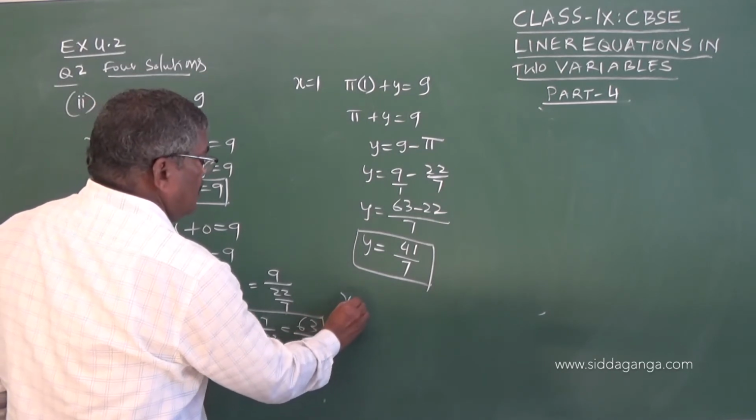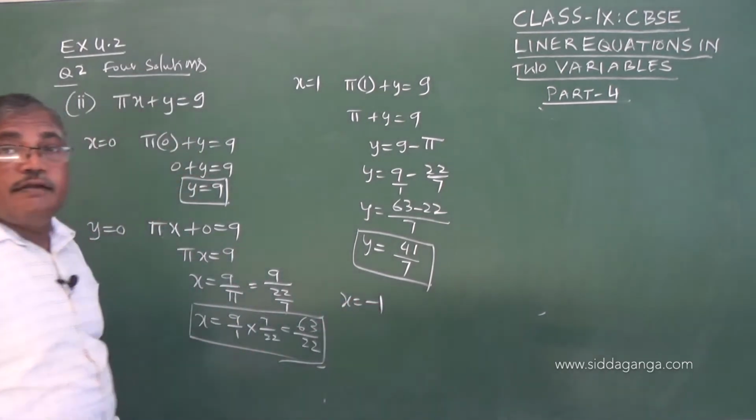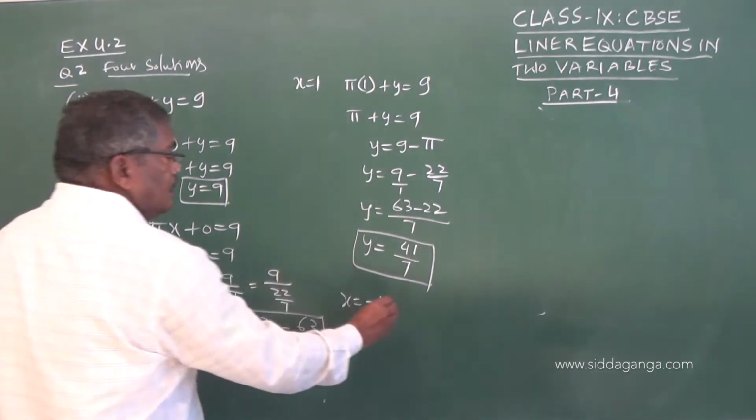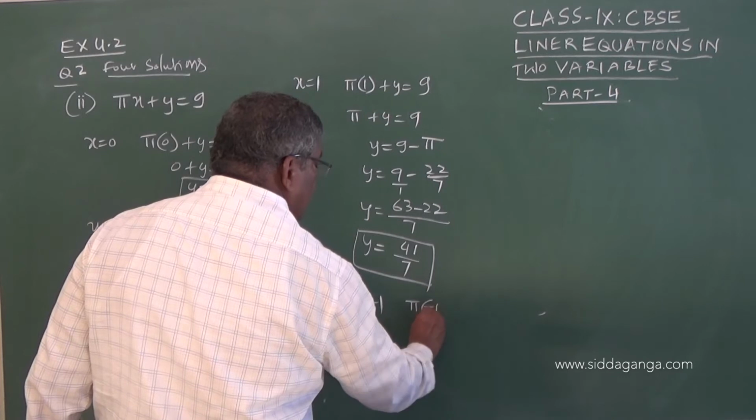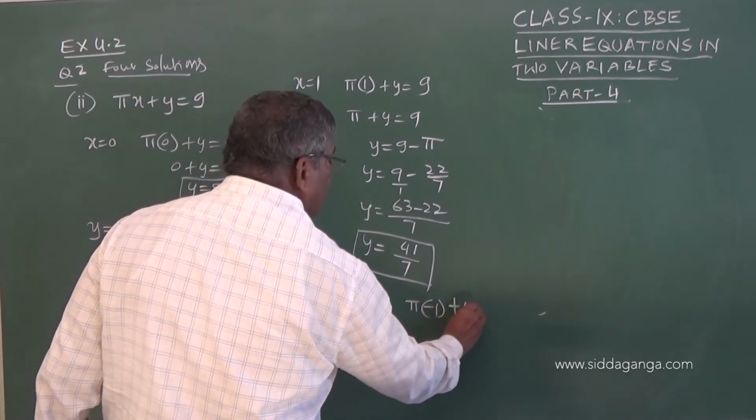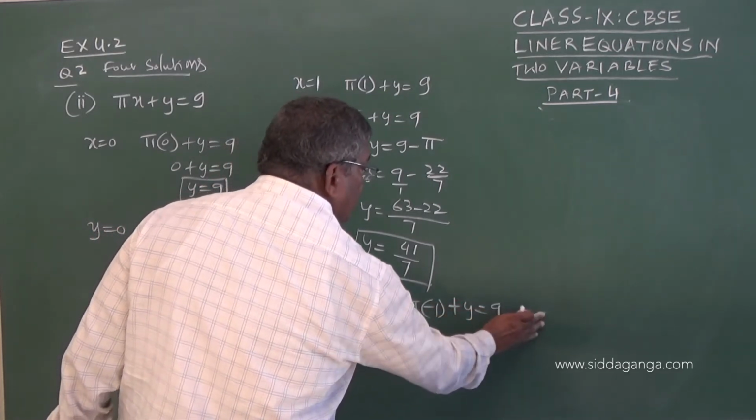And let us take x equals minus 1, let us see. So, you will get pi into minus 1 plus y equals 9.